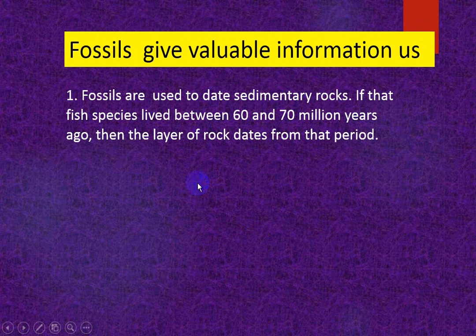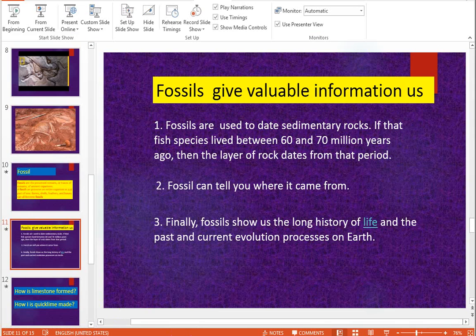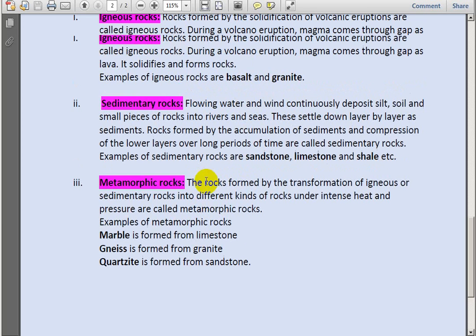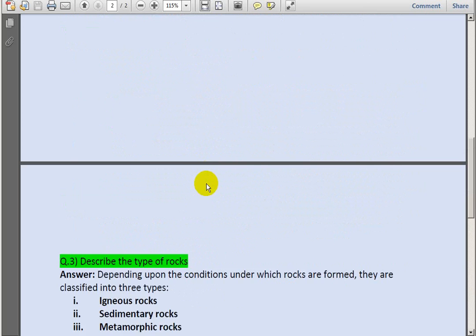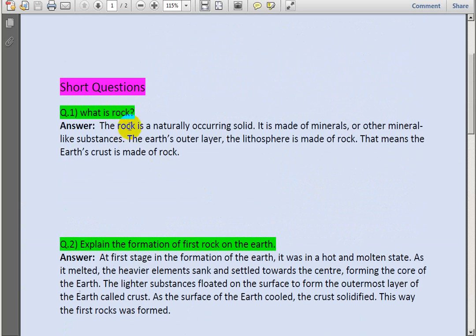This is fossil rock. What is rock? Rock is a naturally occurring solid. It is made of minerals or mineral-like substances.